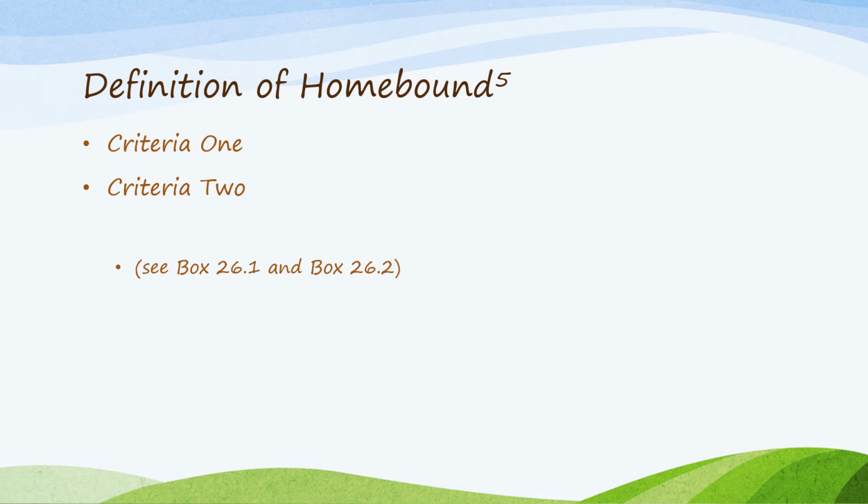The definition of homebound was discussed with the author concerned about the definition for homebound, including criteria 1 and criteria 2, and that it must be taxing for the person to leave their home. Boxes 26.1 and 26.2 represent definitions or criteria.